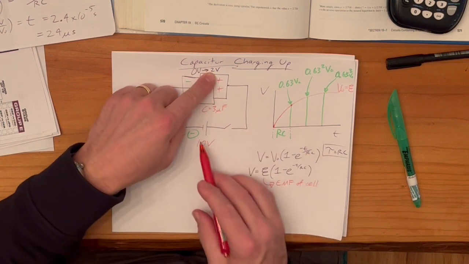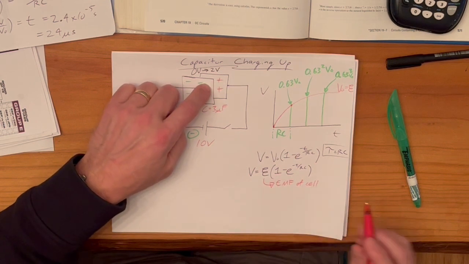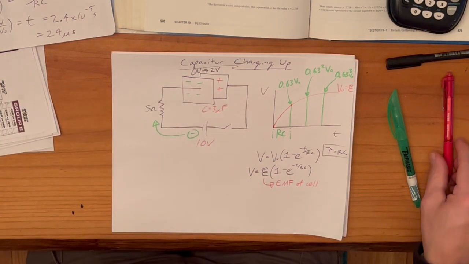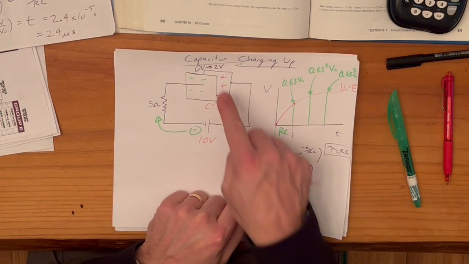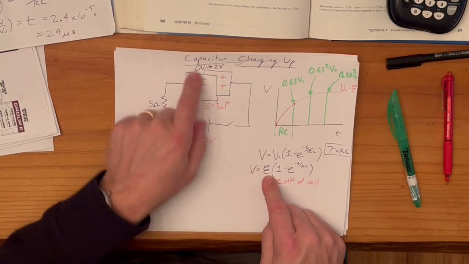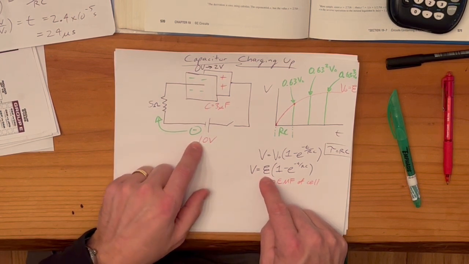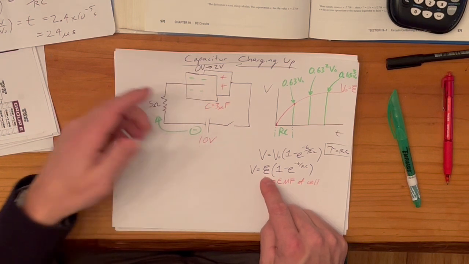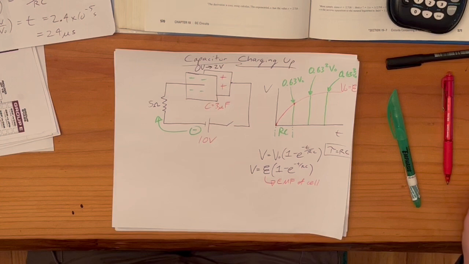If I let it keep going, we're going to approach 10, but I want to know when the capacitor is at 2 volts. This formula tells me that V is 2, but the E, it's not the initial voltage, it's not 0, it's the EMF of the battery, and it's the voltage that the capacitor will approach if left for a long time. So that's important here.